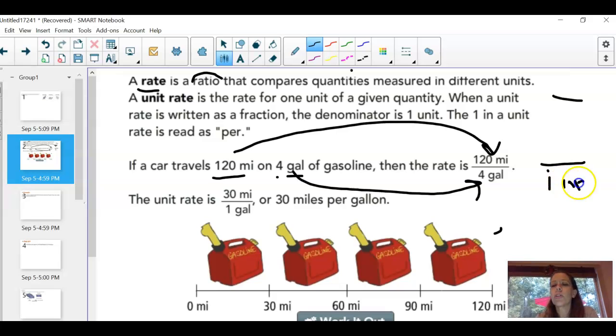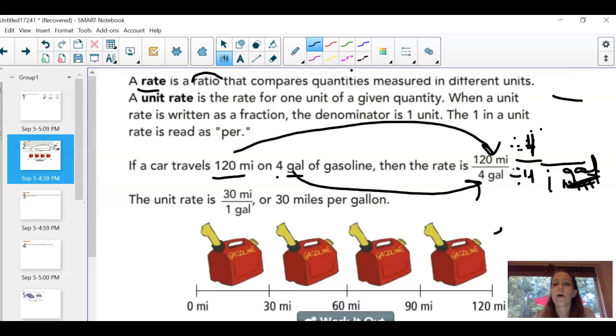So think about what you did last time about writing equivalent rates. So I'm going to go 4 gallons to 1 gallon. To get from 4 to 1, I have to divide by 4. In order to keep it equivalent, whatever I do to the bottom, I also have to do to the top. Because 4 fourths is equal to 1, so I'm just changing the name of the fraction or of the rate.